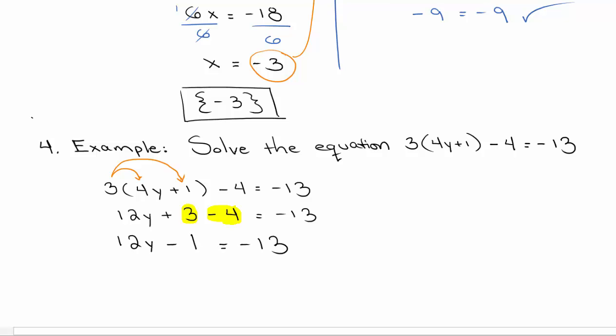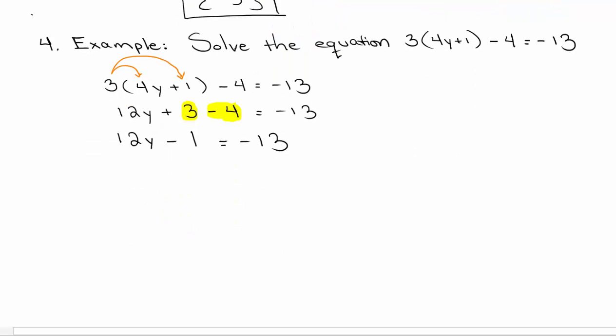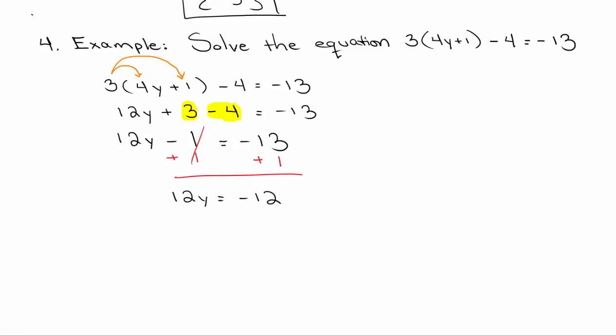Now I can isolate the term with the variable in it. So I'm going to add 1 to both sides. And this is going to give me 12y is equal to negative 12. Now I'm going to isolate the variable by dividing both sides by 12.